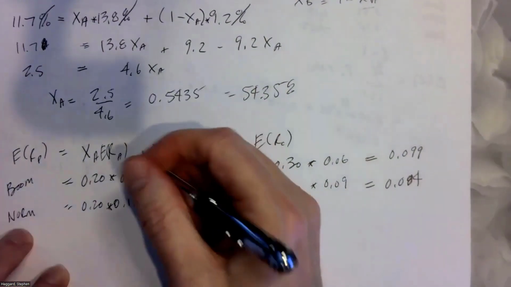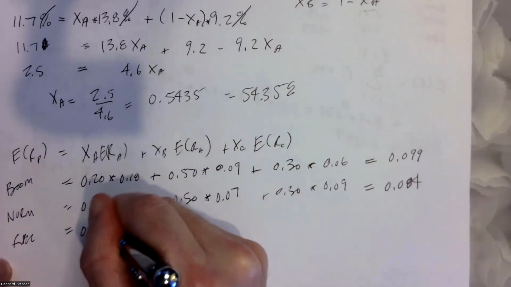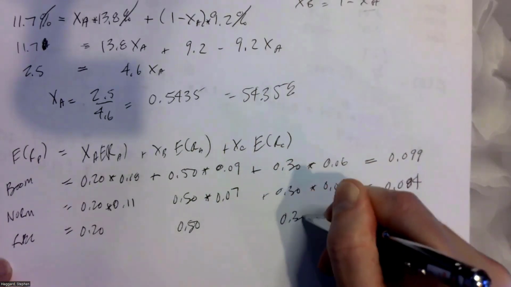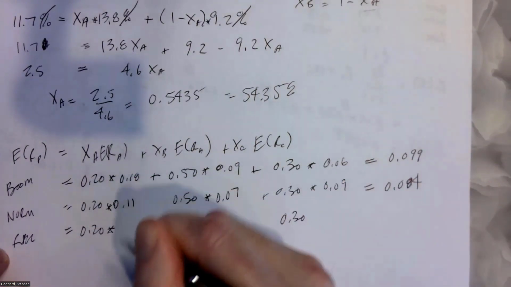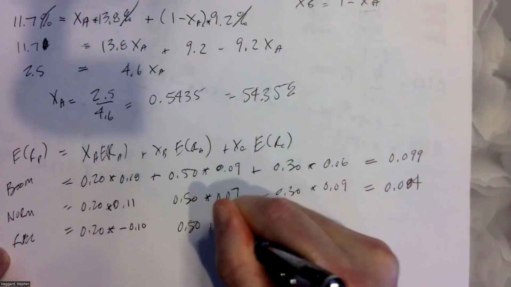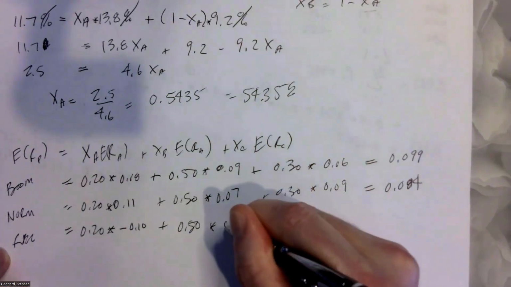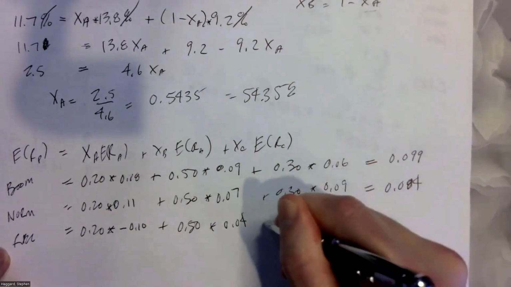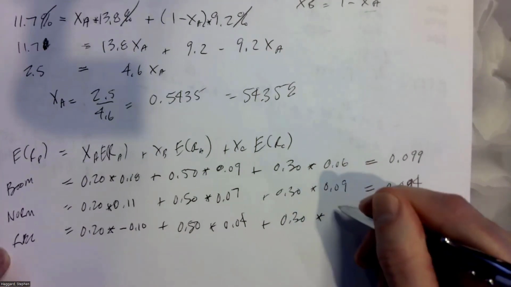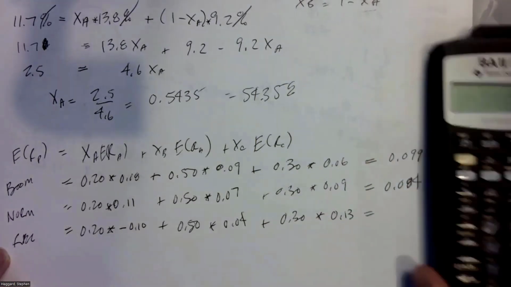Okay, and then finally, we need to talk about recession. Once again, the portfolio weights are the same. In recession, this one has got minus 0.10. This one has 0.04. This one has 0.13. So here's what I'm going to do.